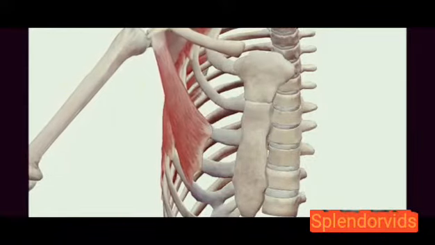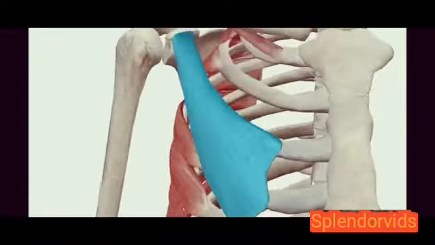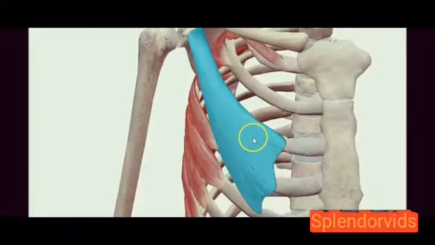So, main actions of pectoralis minor, as we see, if you want to put a rule, it's coming from front to back, so it will draw the scapula forward, protraction, and at the same time it's coming from below upwards, so it will draw the scapula downwards. So the main actions of pectoralis minor are depression and the protraction of the scapula.